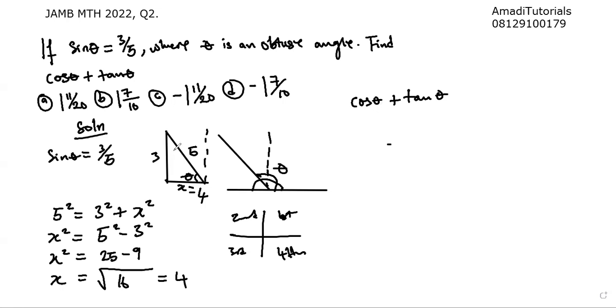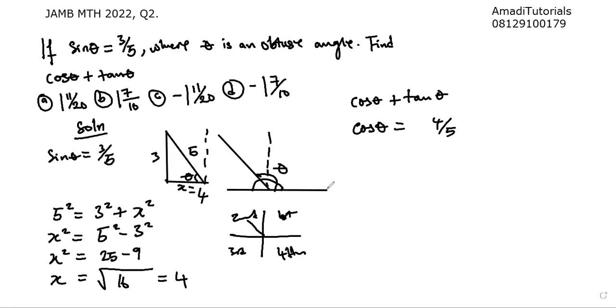So cos theta, cos is adjacent over hypotenuse. That's 4/5. But since it's an obtuse angle, it falls on the second quadrant.